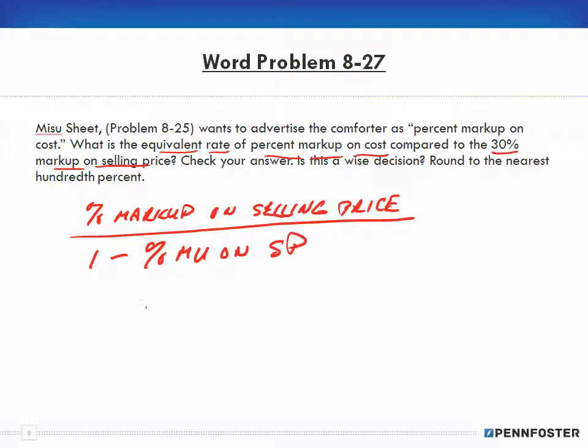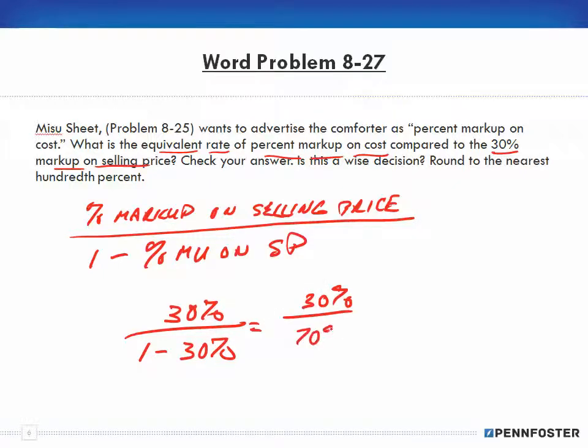Okay. So if our percent markup on the selling price from the previous is 30%, so that's 30%, and we're going to divide it by 1 minus the 30%, which is 30% over 70%.